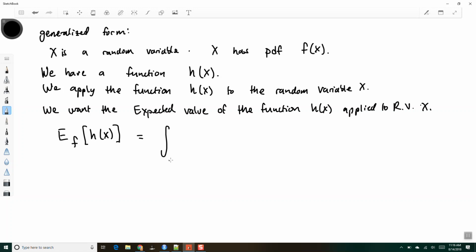And this is going to be the integral over the domain of x. So maybe that's negative infinity to infinity, maybe it's 0 to positive infinity, maybe it's 0 to 1, depending on what x is. And this is going to be h of x times f of x dx.